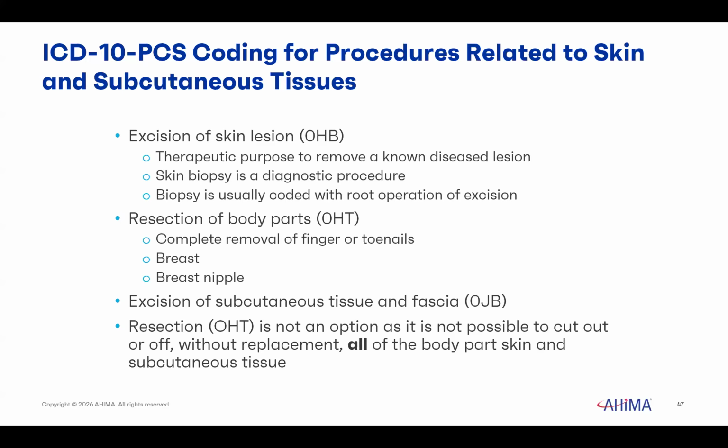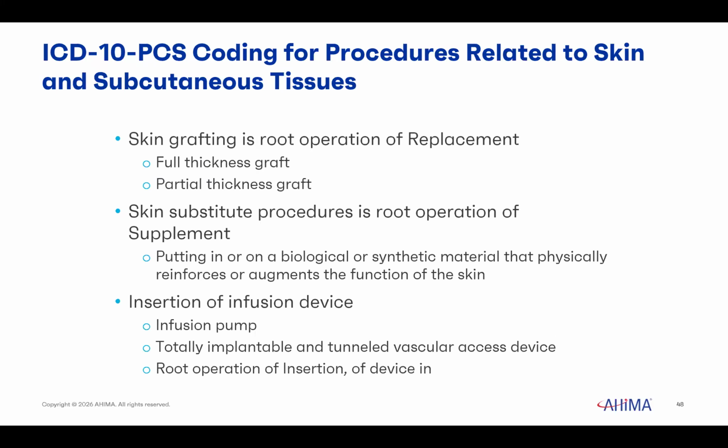Resections do not apply to skin and fascia, as it's not possible to cut out or off without replacement all of the body part of skin or subcutaneous tissue. If you think about it, it makes sense. Skin grafting procedures are coded using the root operation replacement because we're replacing burnt skin, right?